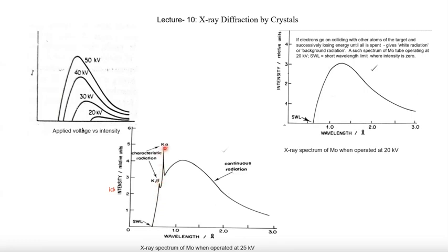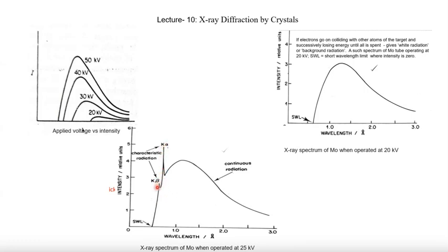You see, these are characteristic line radiations coming up, and that other part is what we call the continuous radiation. But here we see the peak of a characteristic radiation, the transition from the L shell to the K shell. This is K alpha and this is K beta.